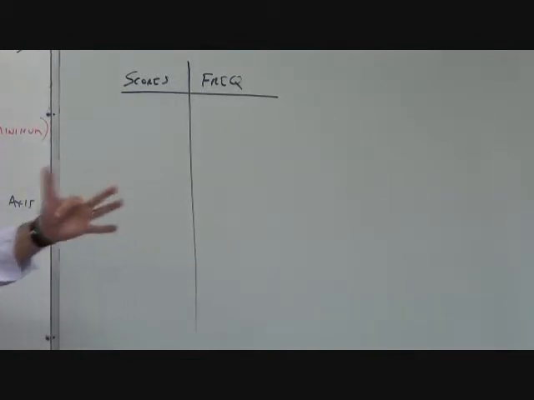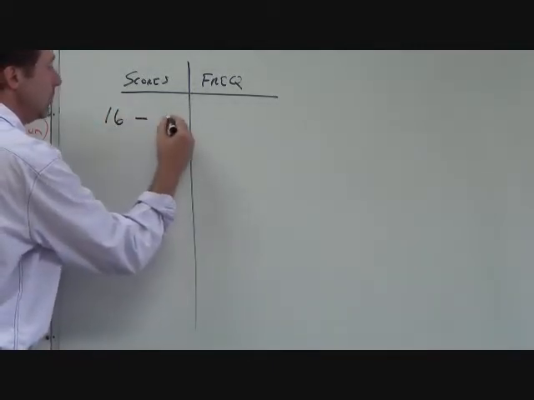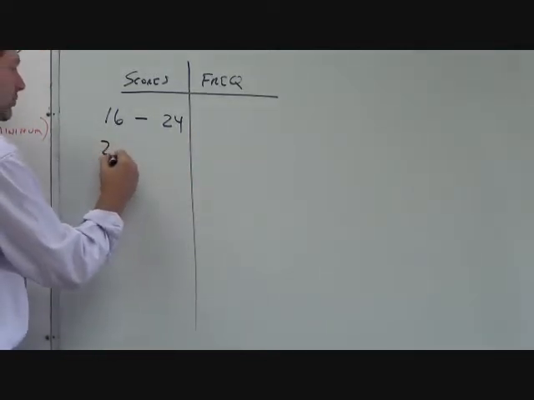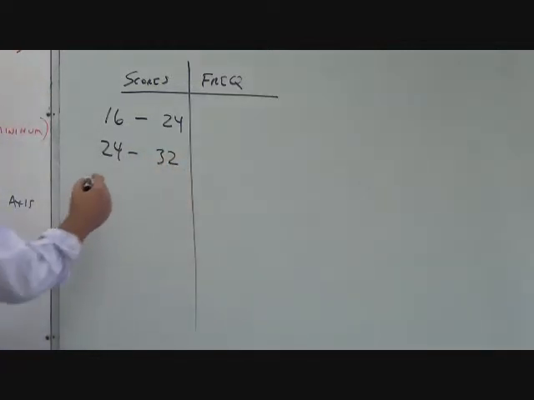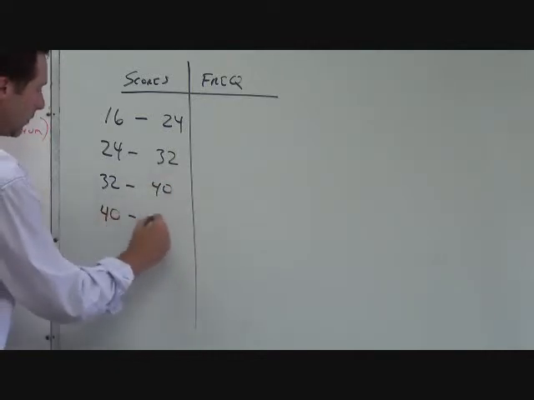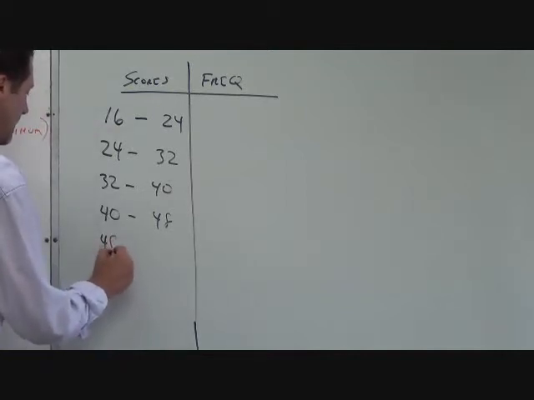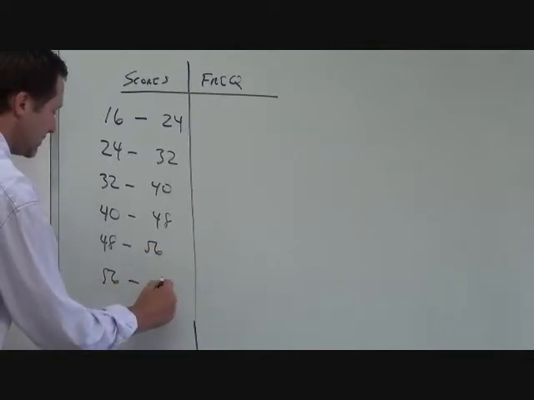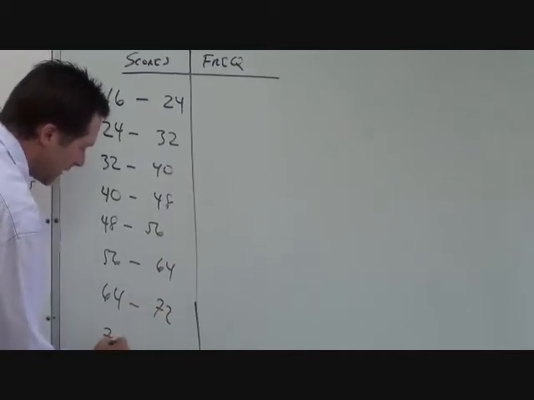So going by 8s down from 80, I guess the first class is going to be 16 to 24. And then the next class would be 24 to 32. 32 to 40. 40 to 48. 48 to 56. 56 to 64. 64 to 72. 72 to 80.